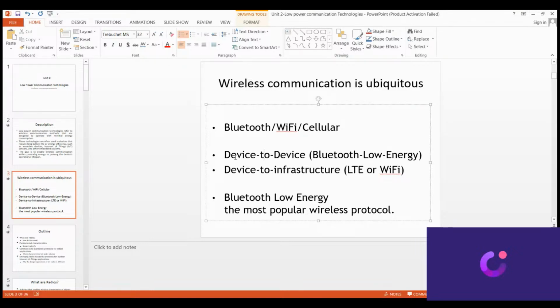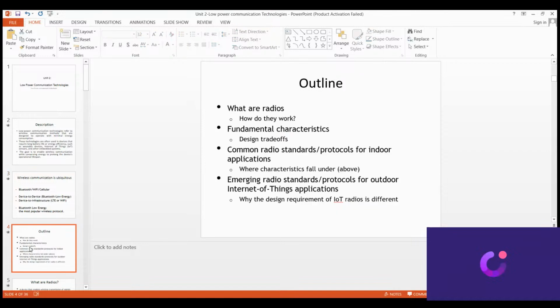We have device to device, then device to infrastructure, then Bluetooth low energy, which is the most popular wireless protocol that we have. So these are very popular aspects that we talk about. This is basically just the preamble.